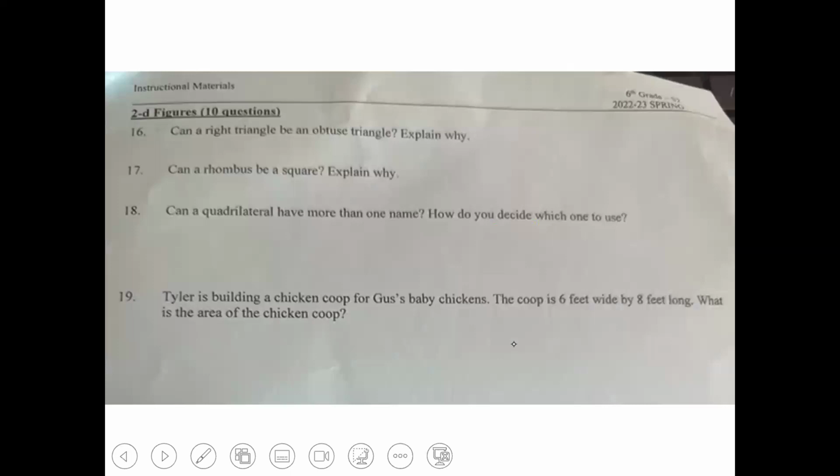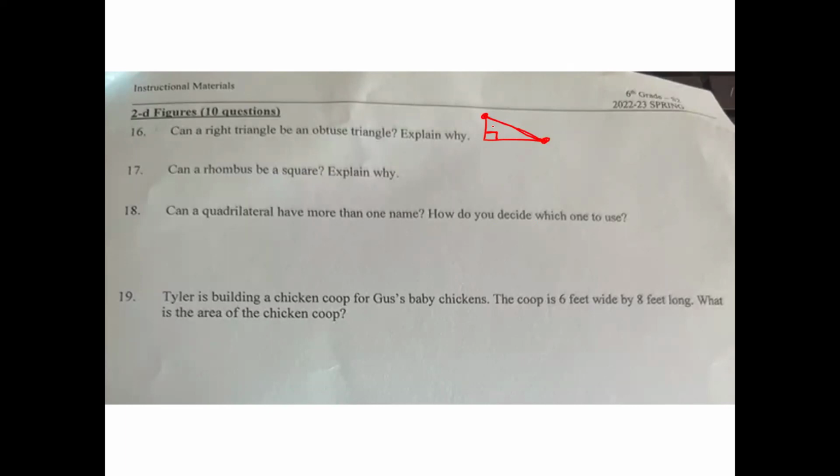Okay, now we're gonna go on to question number 16 to 25. Go ahead and read number 16, please. Let's first draw a right triangle. So what do you know about right triangles?